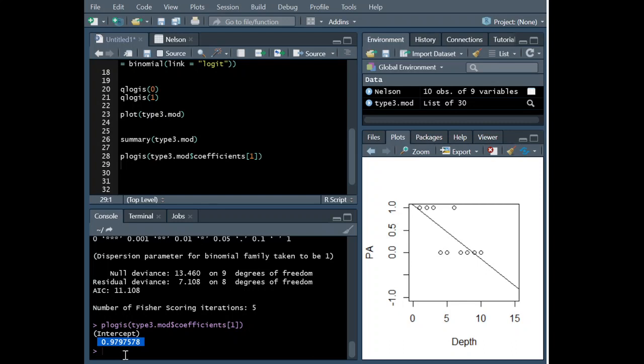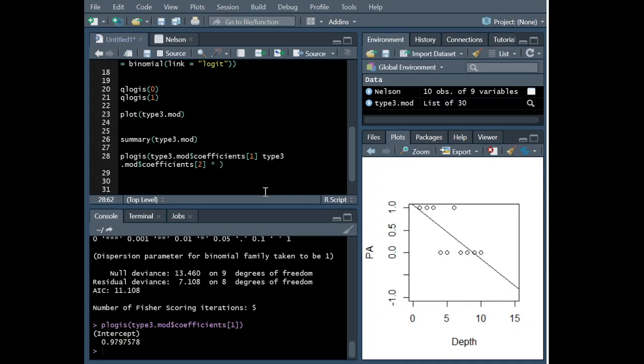there is a 97.97% chance of finding a type 3 piece of pottery, right? The probability is 0.9797 at a depth of 0. And so if we wanted to then predict this for other depths, you do the same thing. You just add your coefficient, take the second coefficient then, which is beta 1, or the slope, and you can multiply it by whatever.